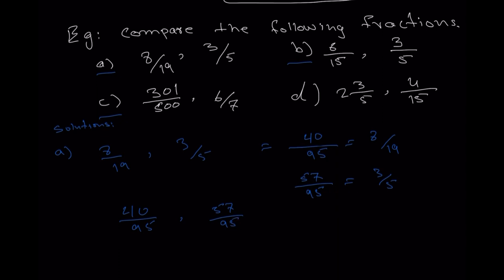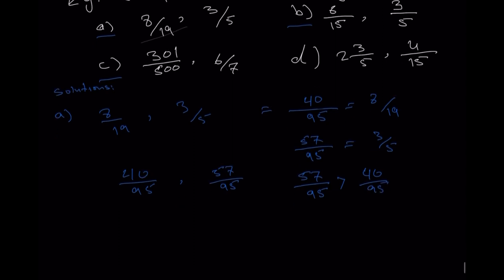We have the same denominators right now. The bigger one will be the one with the bigger numerator. The larger numerator, 57 over 95, is larger than 40 over 95. Or we can say 3 over 5 is larger than 8 over 19.